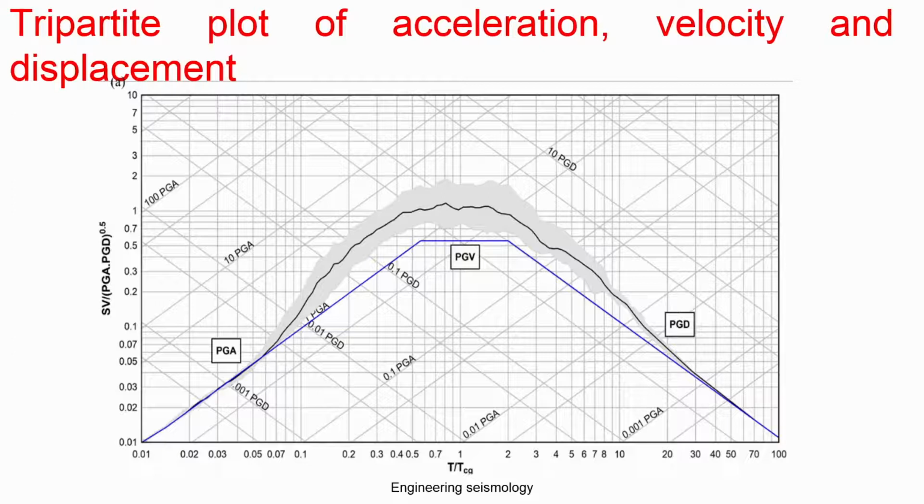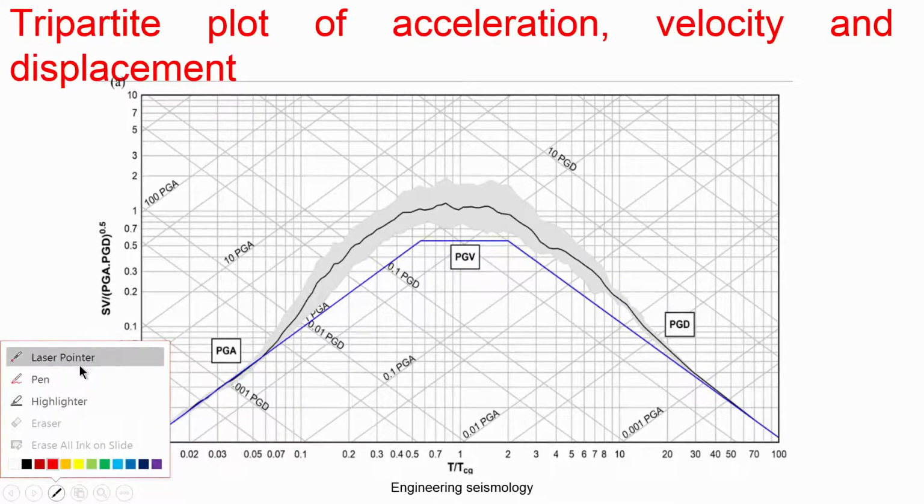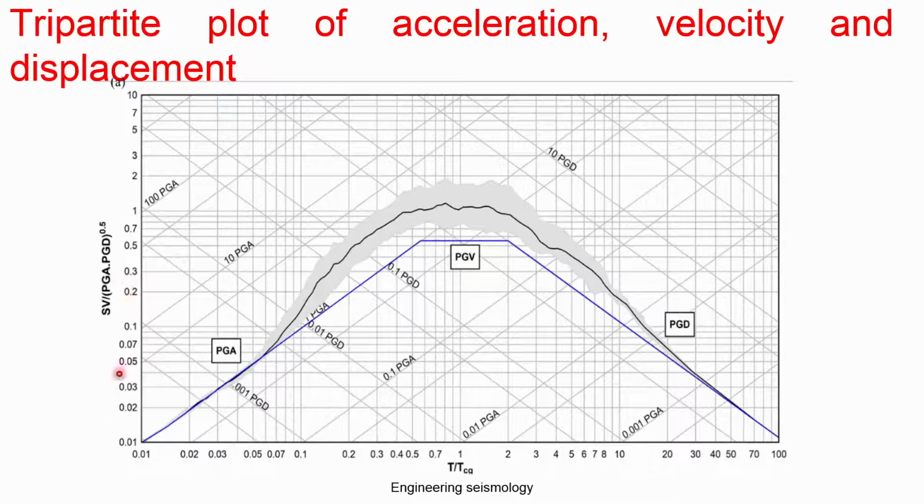What is the 3 dimensional graph, if you can see: this axis is basically the PGA, and this axis is velocity. The velocity values, velocity versus time, and this axis will be acceleration versus time, the peak ground acceleration.